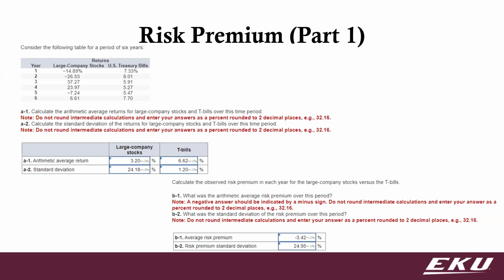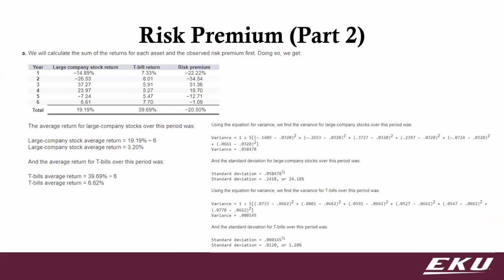So next slide. Right. So for that first part, how do we calculate these averages? Well, just like we did before, we're going to add them up and divide by the number of observations, right? And so our observations are 6, right? 6 years total. So you just add them up, divide by 6. When we calculate variance, that's like the last problem. So we look at each return and then we subtract off that average that we calculated, square that difference, add those up, and then instead of divide by 6, we'll divide by 5.